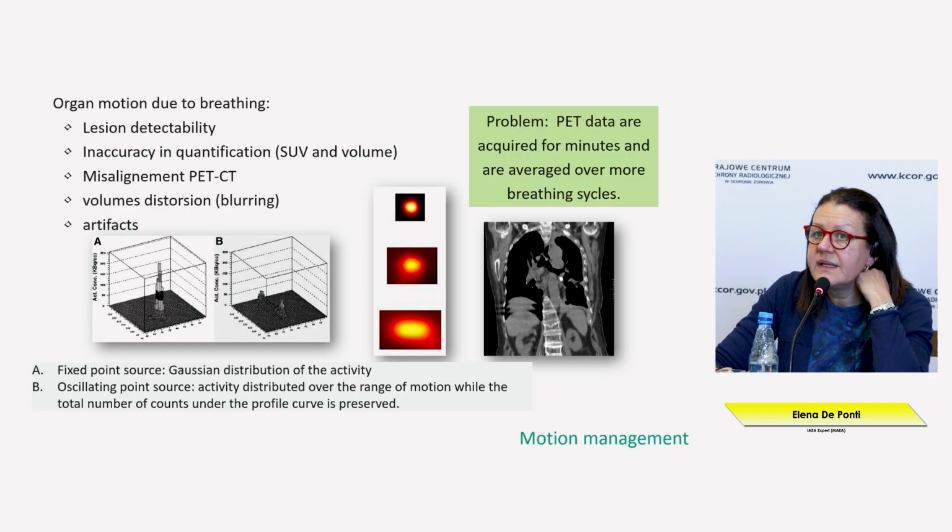Motion is another important issue, because it has an effect on lesion detectability, on the quantification of SUV and volumes, and also introduces some artifacts due to the misalignment of PET and CT.